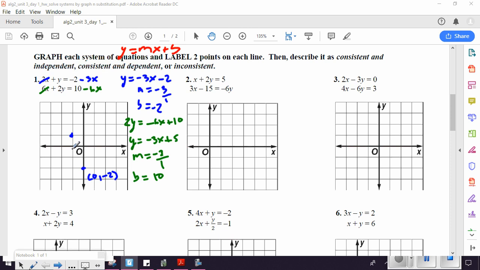If it's negative, you go down right, or you could go up and left. So when it's negative, you got to do the opposite of what you usually do. So this would be negative 1, positive 1 as an ordered pair for my first line, and we would graph it.